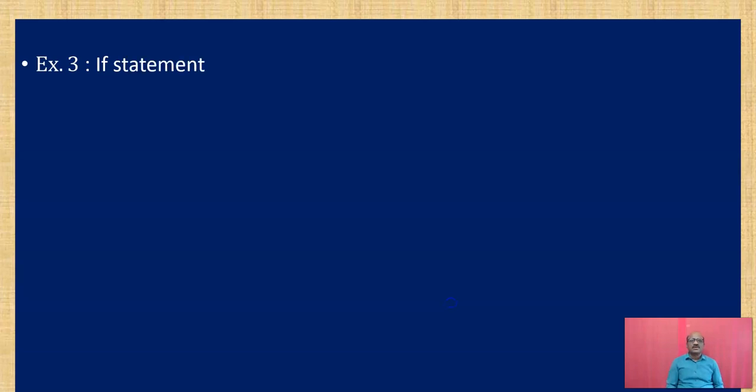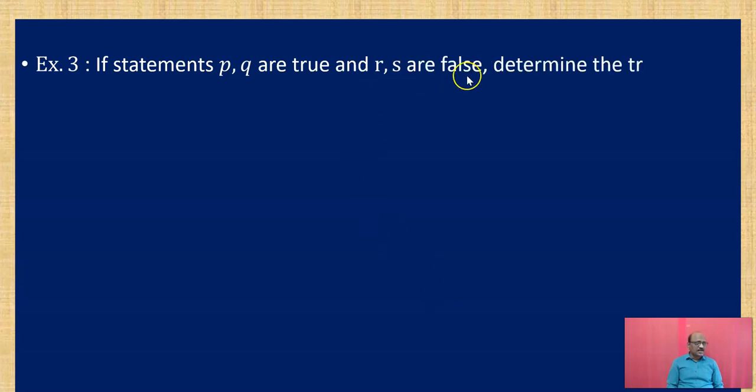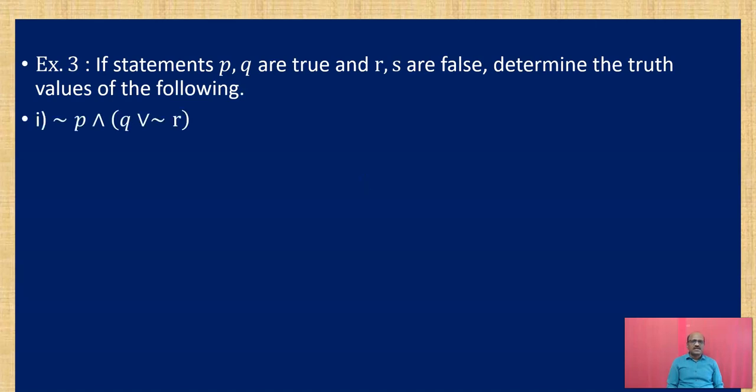Third example: if statements P and Q are true and R and S are false, determine the truth values of the following. First, negation of P and in bracket Q or negation of R. We have given that P is true, Q is true, R and S are false.